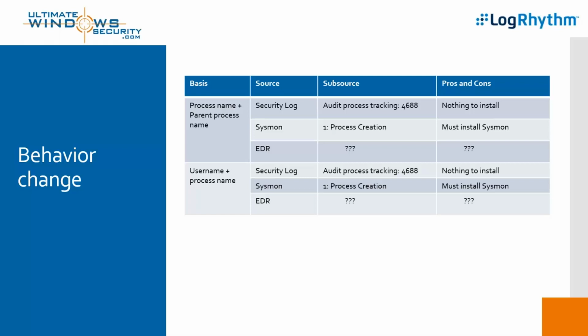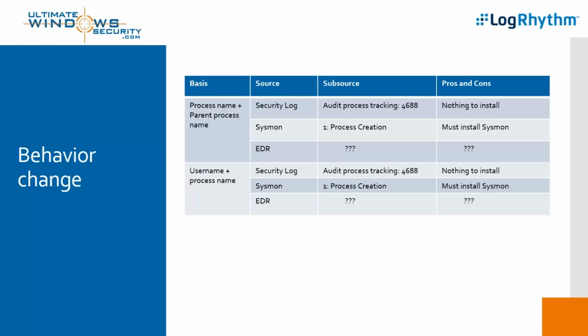So what we'd be doing then is searching for new combinations of a given process and then the parent process that executed it. In other words, if you see something like Microsoft Word running RDP exe, that would be really weird, right?